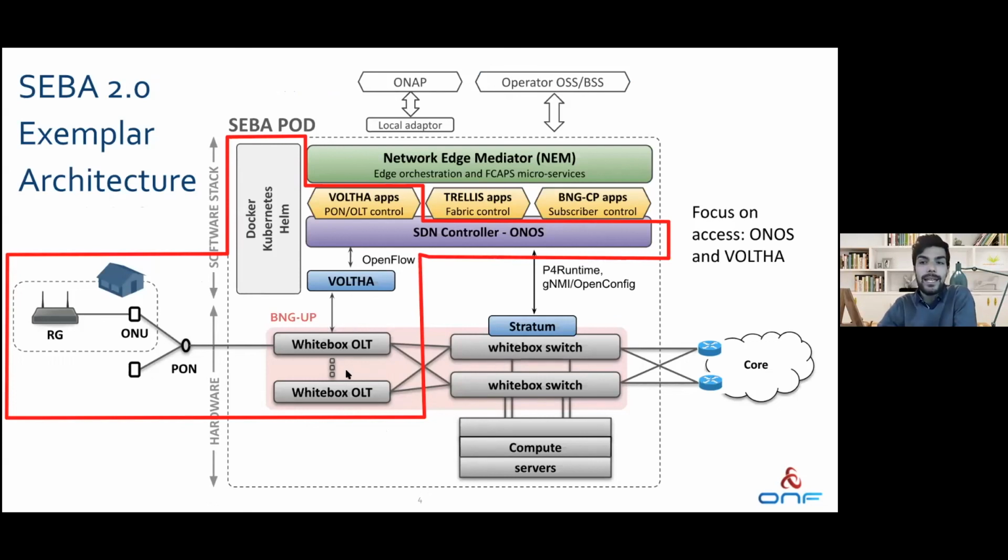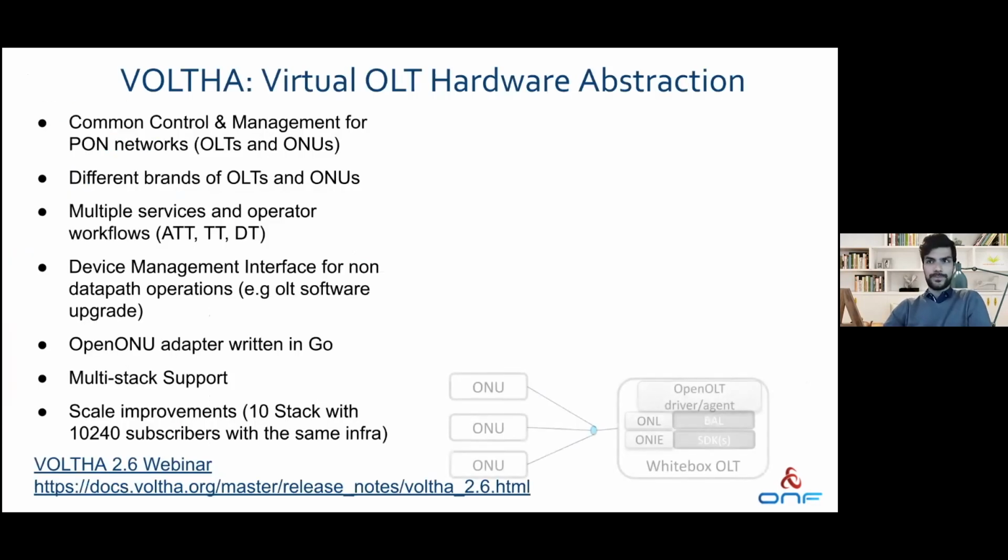Here mainly is queuing. So QoS is done at the OLT, while the white box switch handles everything else. There is a demo from a year ago, give or take, that showcases particularly the BNG. If you're interested, just drop me an email. I can point you to a few people at ONF that know a lot more about the BNG demonstration in SEBA than I do.